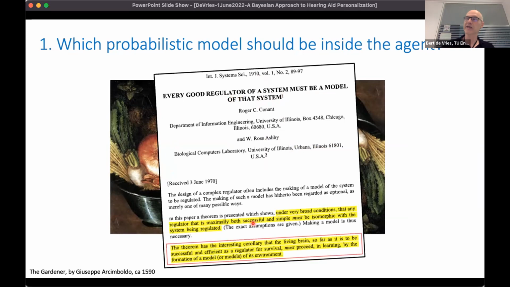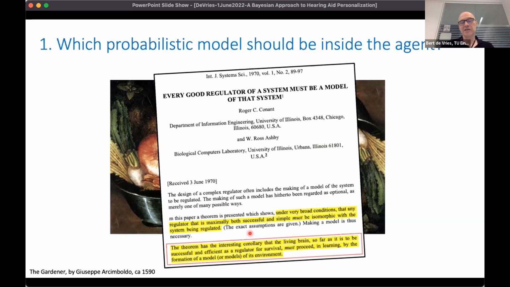In other words, the brain has a model inside, a model for sensory inputs. It's a generative organ. So we know now what we should put inside this agent if it's going to function like a brain and design some algorithm.